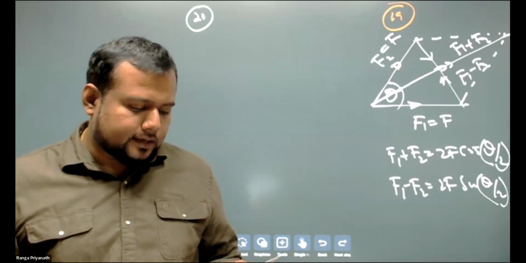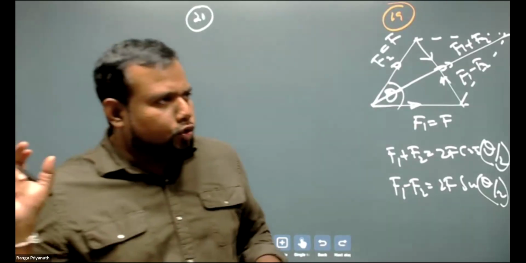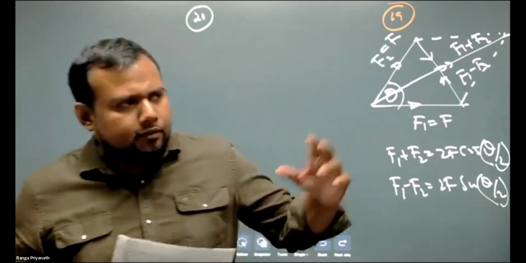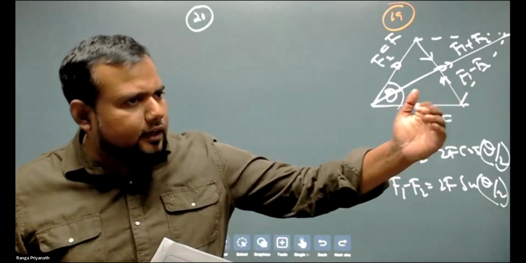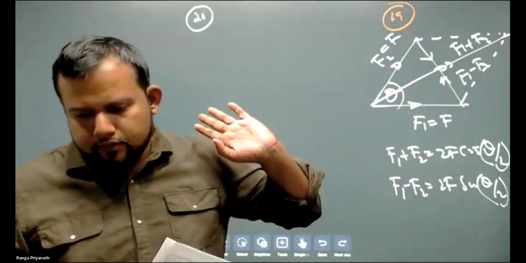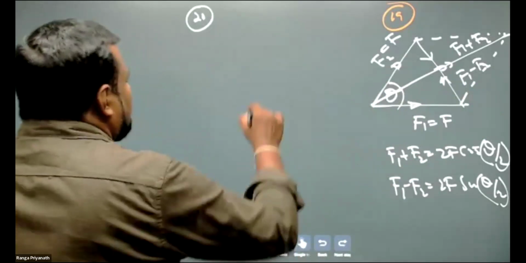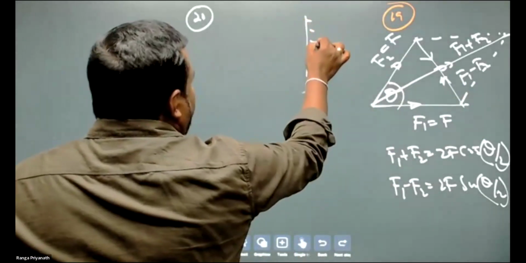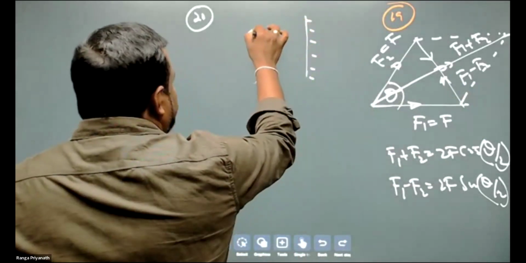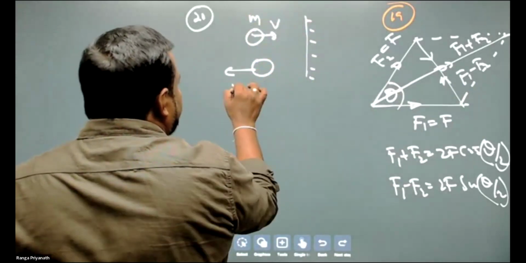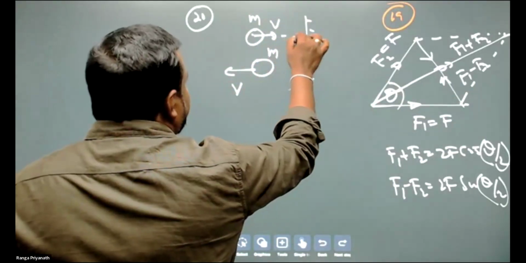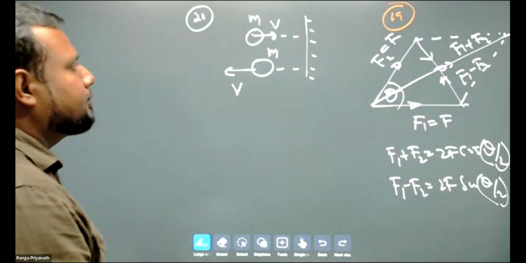So when you throw a ball with speed v, if it is perfectly elastic, it will definitely bounce back with the same velocity. Let's say this is the bat. You project it with a certain velocity v. It bounces with the same velocity. That's why they tell us it is perfectly elastic.